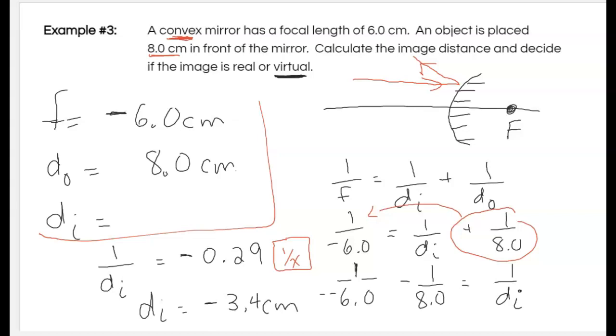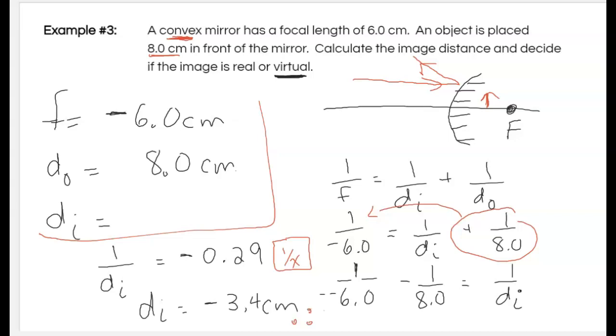And again, I expected that my image would be somewhere behind the mirror, at negative 3.4. So the negative here makes sense because that image is indeed behind the mirror. Finally, I'm going to squeeze in a therefore statement.